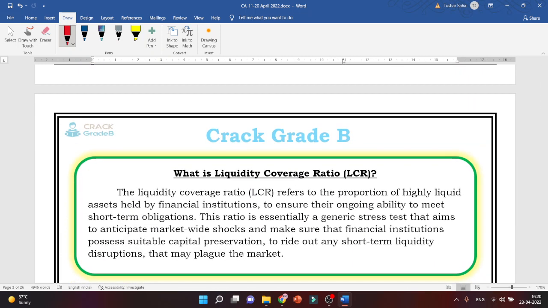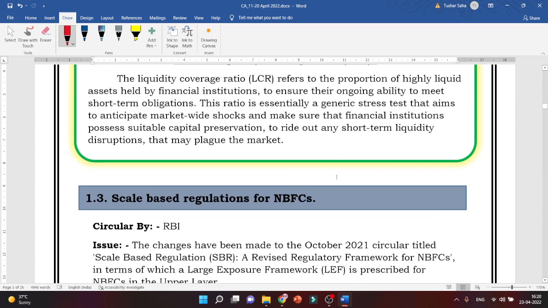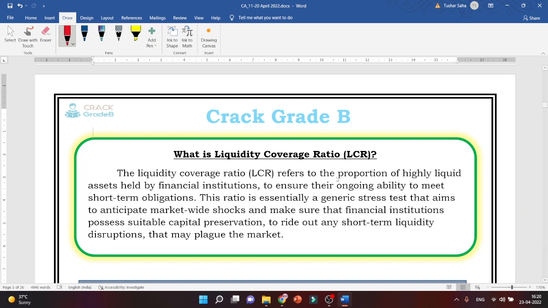Now, what is liquidity coverage ratio? If you go through this, you will understand what liquidity coverage ratio is. But see, everything we cannot put in this content, right? Let's say you just want to know what LCR is, just go through it, you will understand. But if you want to read in depth about it, obviously you will have to refer to our finance material, where you will find it.